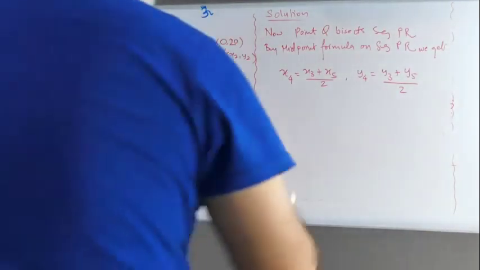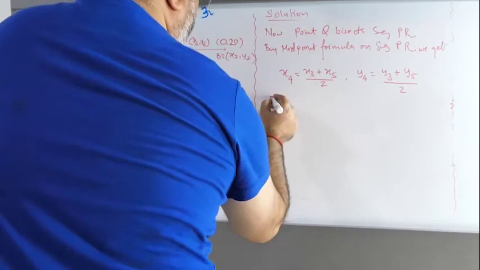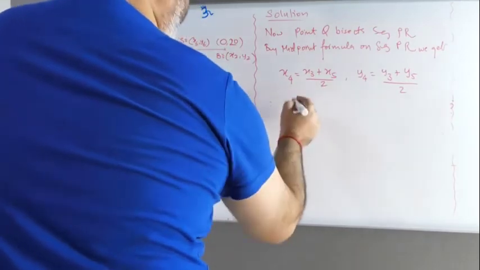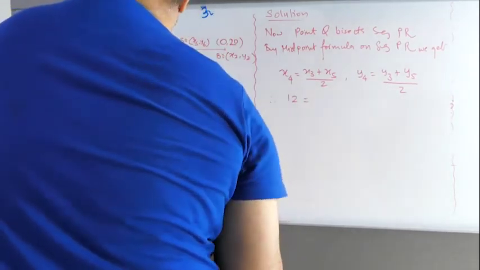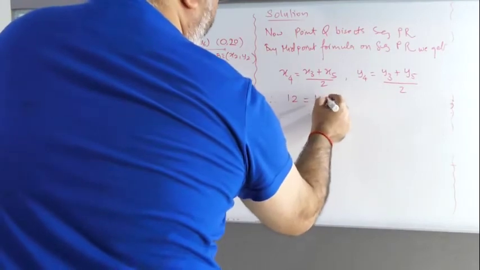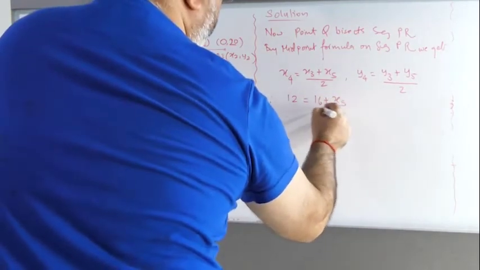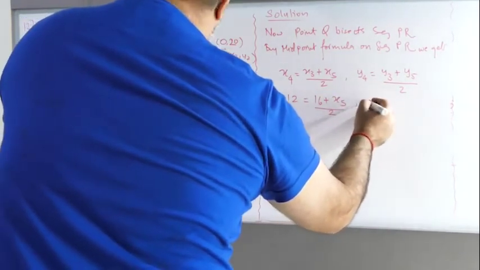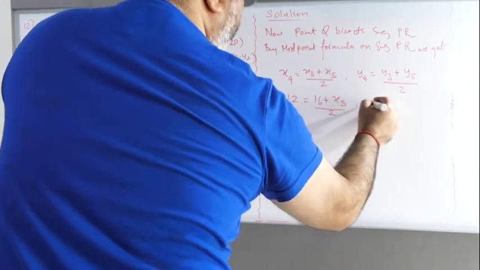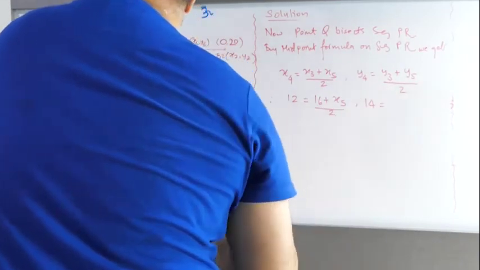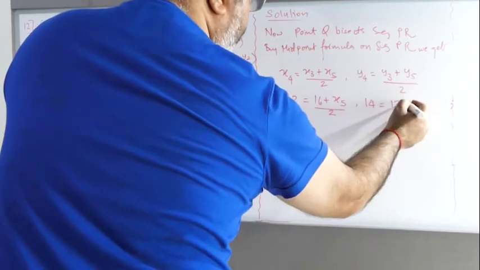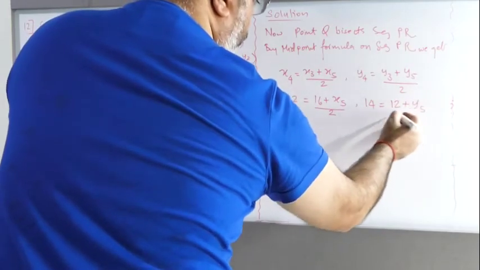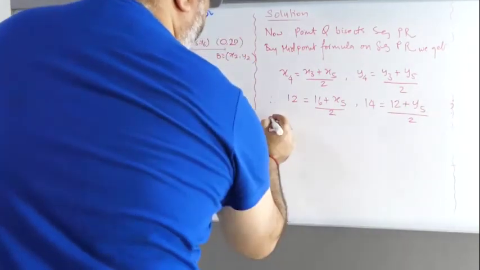Alright, now let's substitute. x4 we know is 12, x3 we know is 16, x5 is unknown, upon 2. y4 we know is 14, y3 is 12, y5 is unknown, divided by 2.